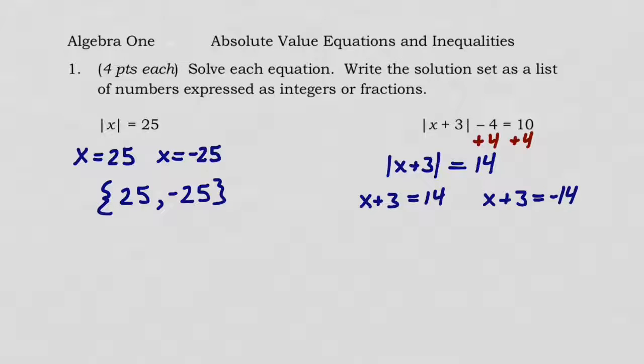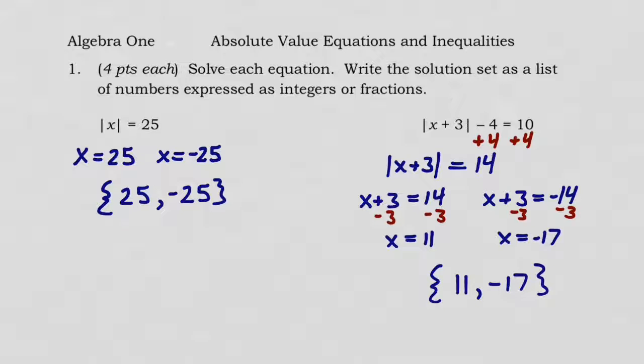So solving these two equations, we simply subtract 3 from both sides of each equation, and we end up with solutions x equals 11 and x equals negative 17. To describe our final answer in a similar way, we can use set notation. 11 and negative 17 are the two solutions.